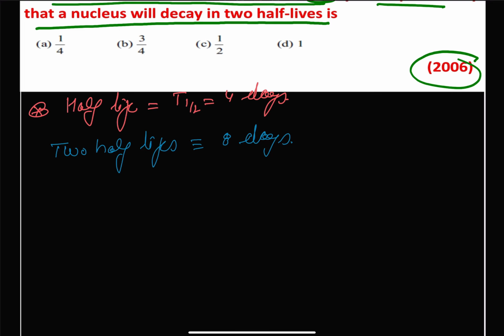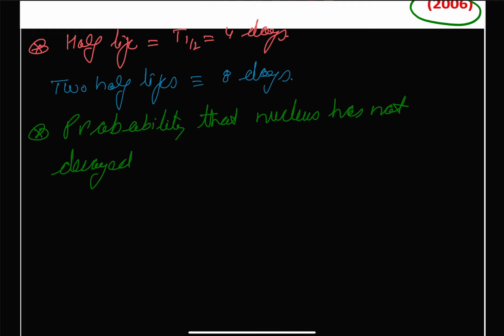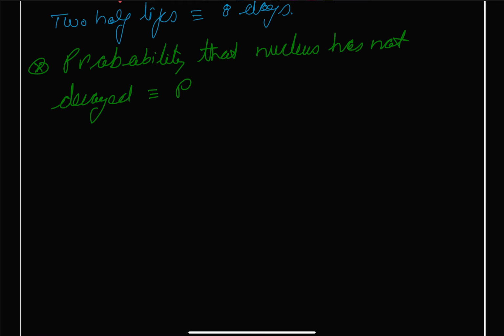So for this we are going to use the reverse approach, the probability that the nucleus has not decayed. For that we are going to use the exponential decay law. So we can say that the probability that the nucleus has not decayed, let us call this P not decayed, will be equal to 1 by 2 whole raised to the power t divided by t half.